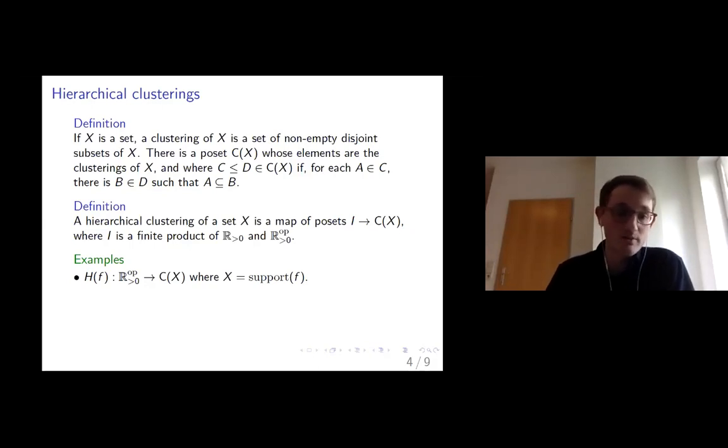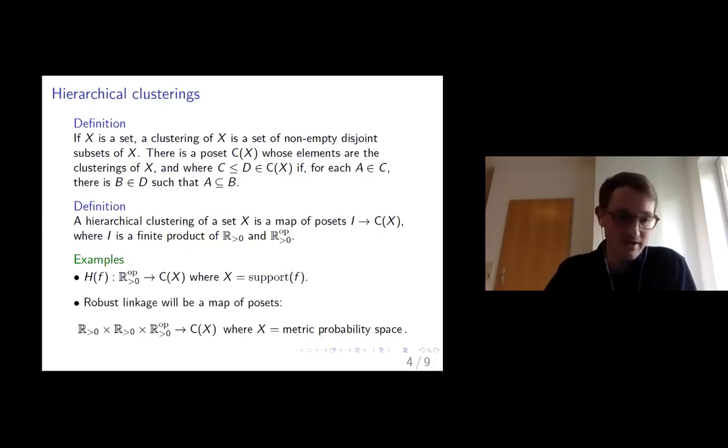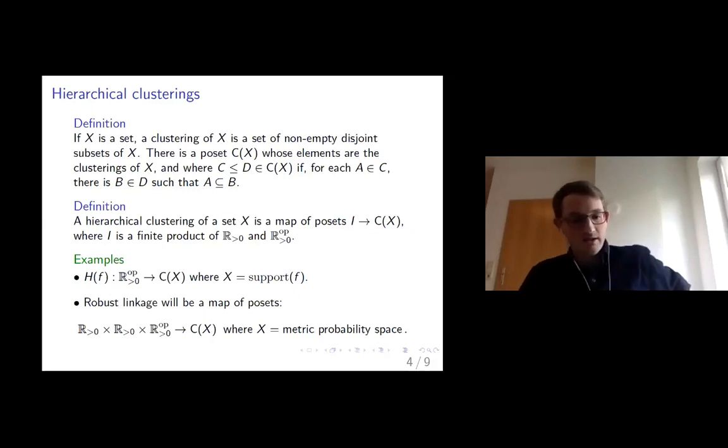This is a one parameter hierarchical clustering that is contravariant. So it's a map of posets where the domain is just one copy of the positive reals with the opposite order. And then another example, this robust linkage that I said I would talk about, this is going to be a 3-parameter hierarchical clustering that is covariant in the first 2 parameters and contravariant in the third.